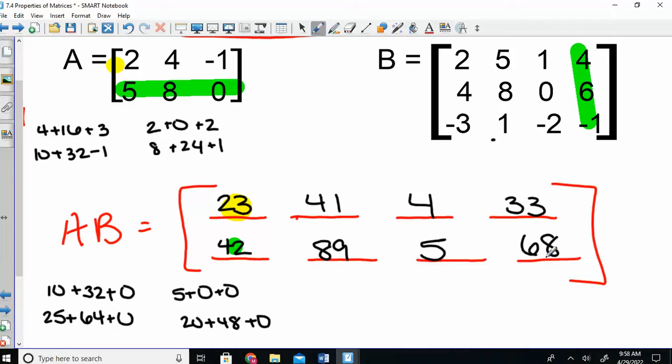So it's a little more time consuming, not necessarily difficult, it's just multiplying and adding. You just have to keep track of where you are. All right. Questions there? Okay.